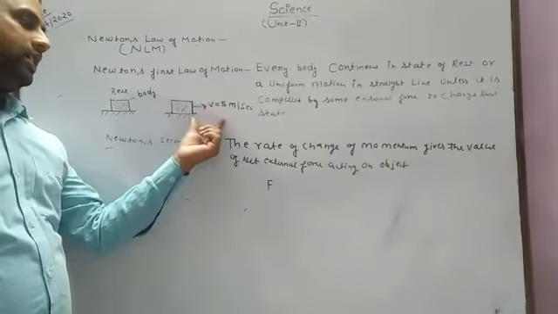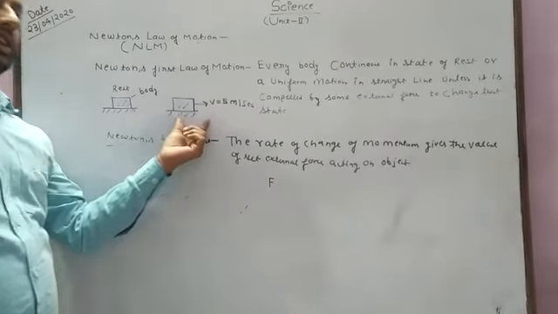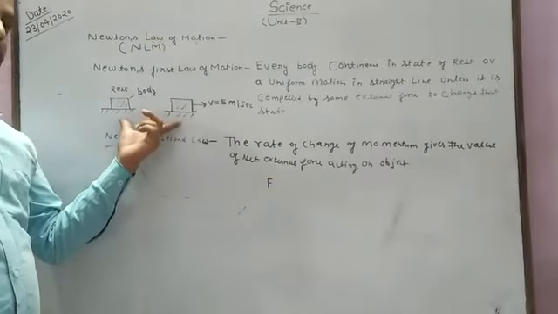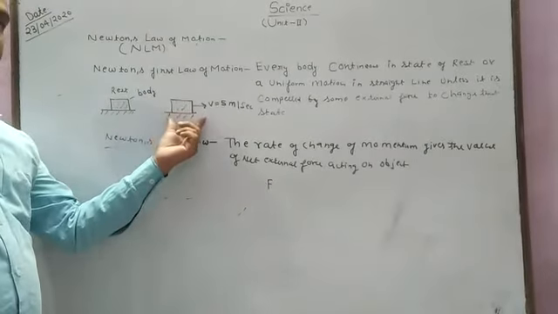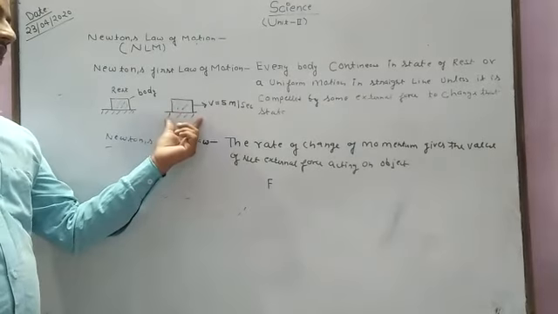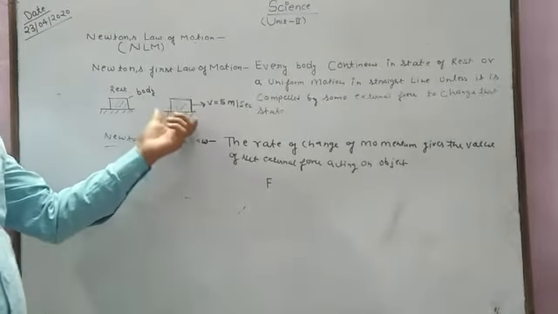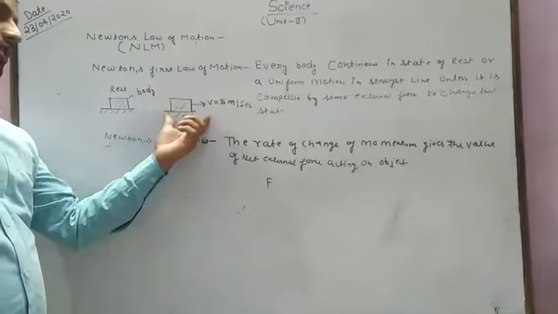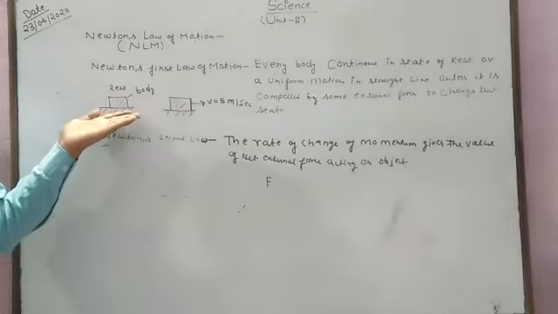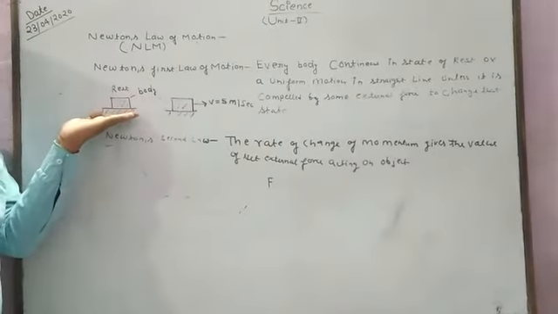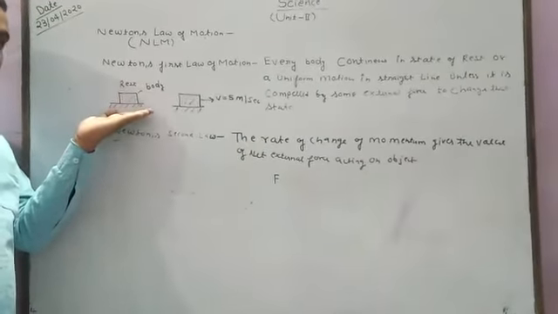Ideal conditions should be considered. Here friction is not present, because friction is a resisting force which stops the velocity of an object.